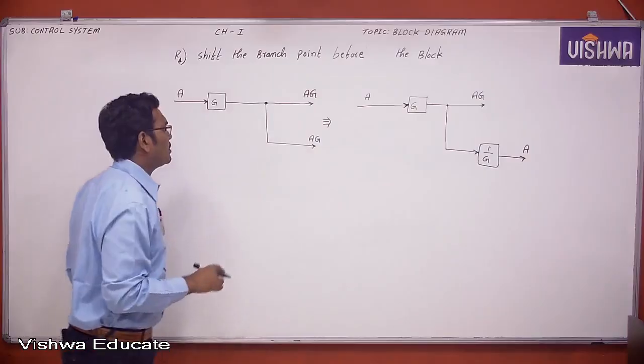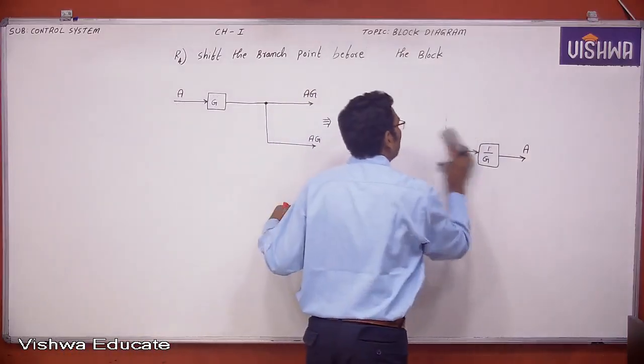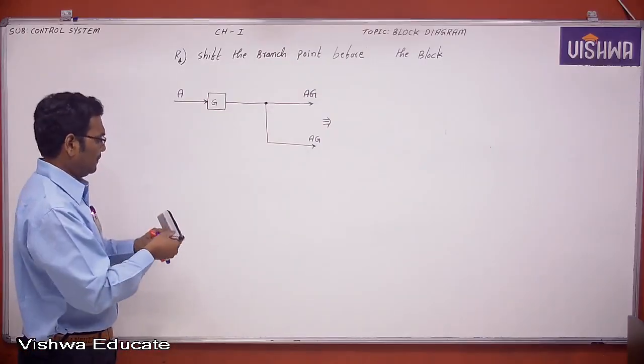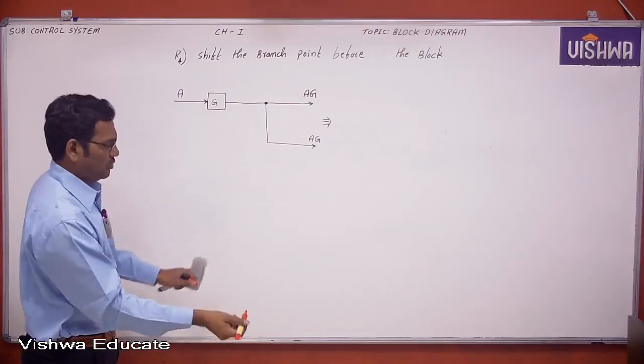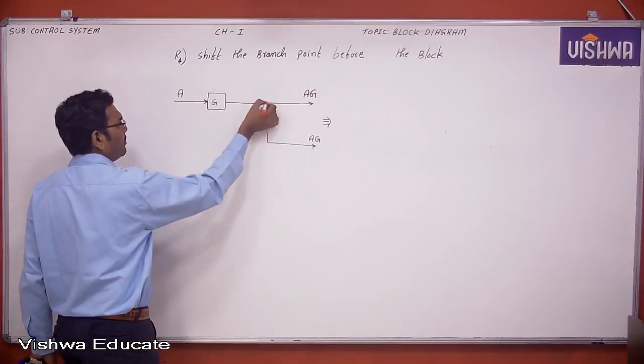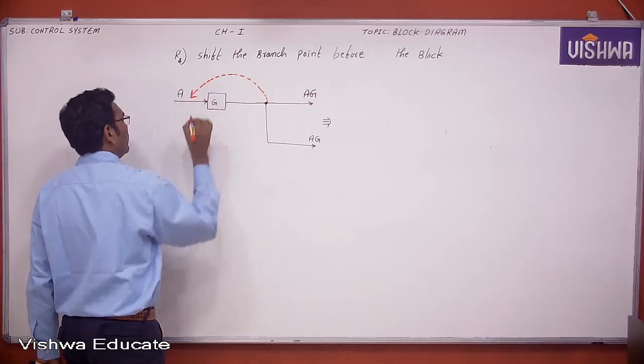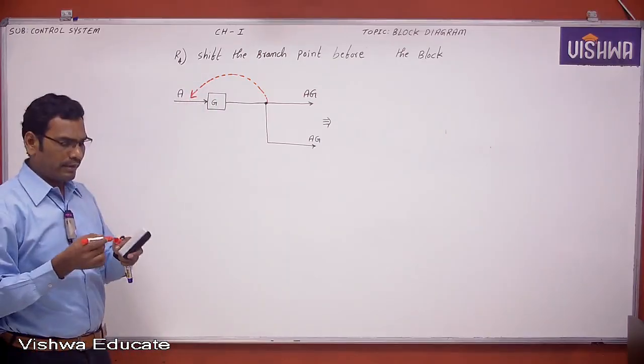Now this is the branch point, right? Now what he wants is to shift this branch point before the block. So we want to shift this branch point before the block. If you shift like this, you can get more advantage.